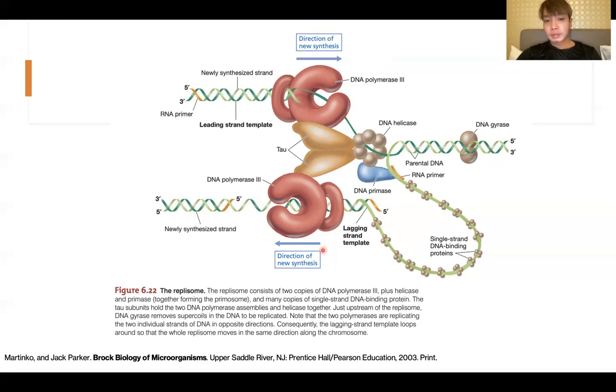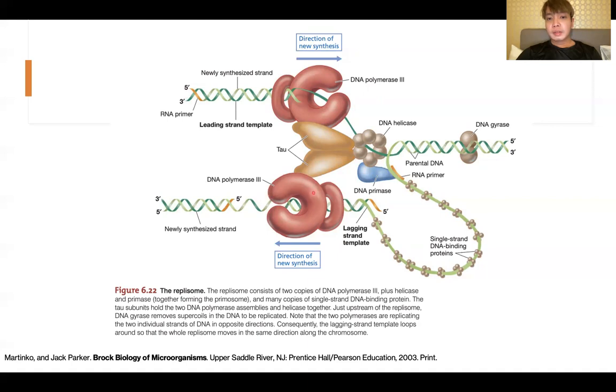That's why the direction of synthesis is papuntang left side. Okay. So maglalagay tayo ng primer here, 5 going to 3, then DNA polymerase can add yung nucleotide sa OH part, okay, and then synthesize.